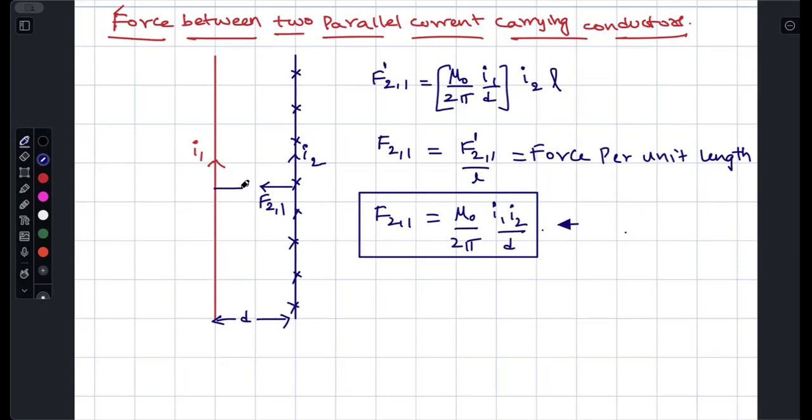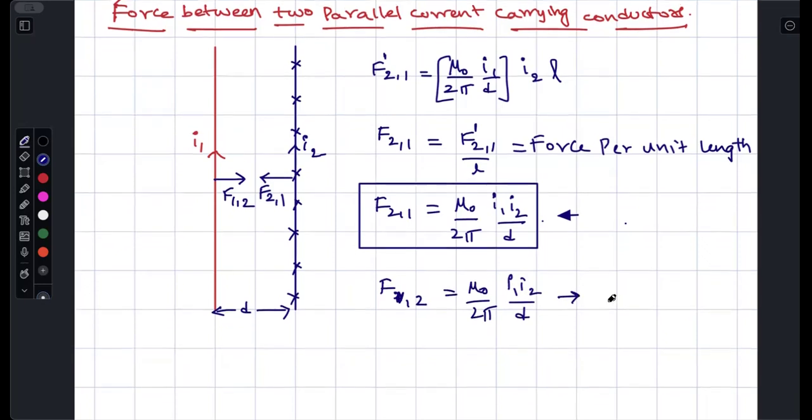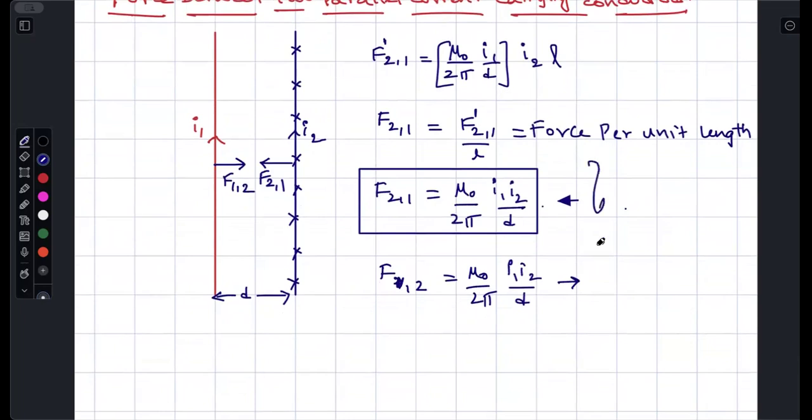Similarly, you will experience force on 1 due to 2 as mu naught by 2 pi I1 I2 by d rightwards. So in this case, they are attractive.